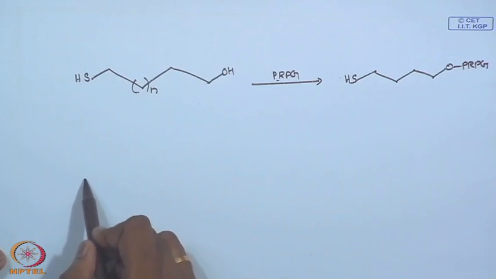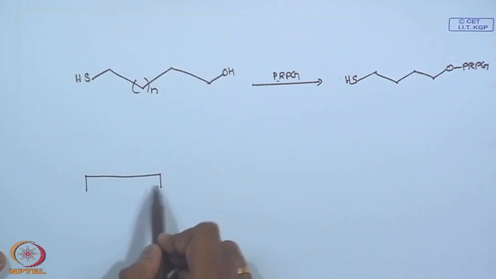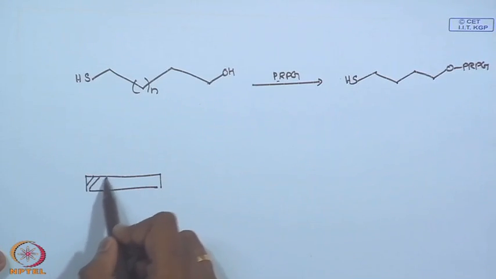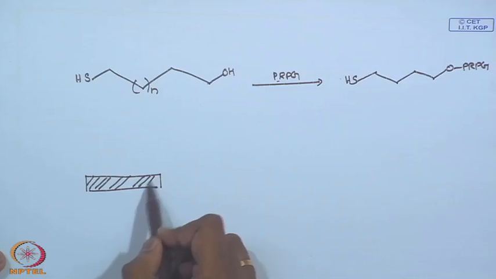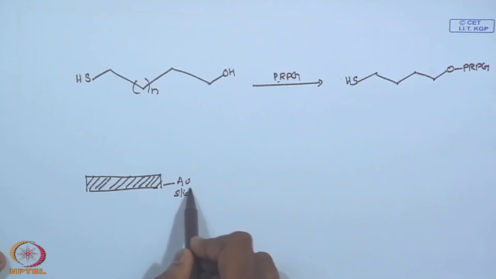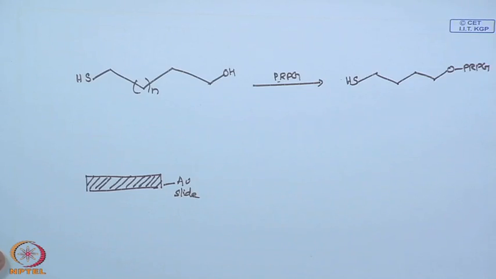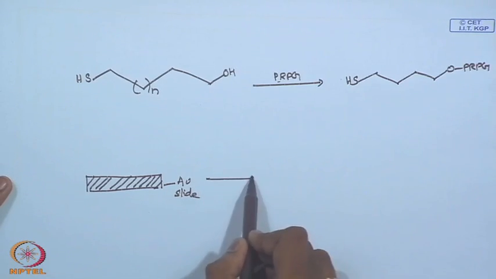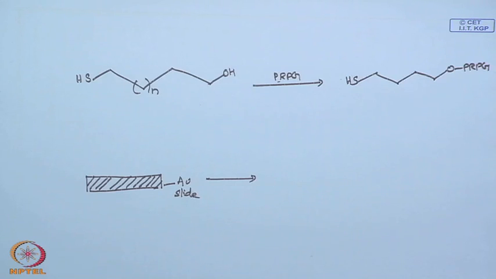Now, you take your gold slide and dip it into your thiol. You know that thiol has a great affinity towards gold. What does it form?